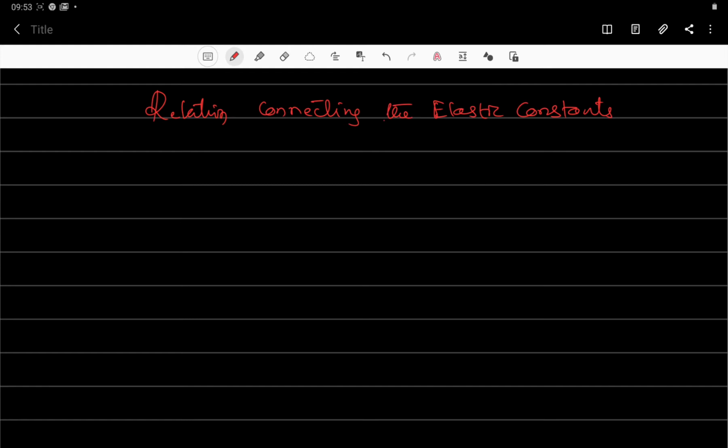We got the expression of bulk modulus, that is k equals 1 by 3 alpha minus 2 beta. This is equation 1.